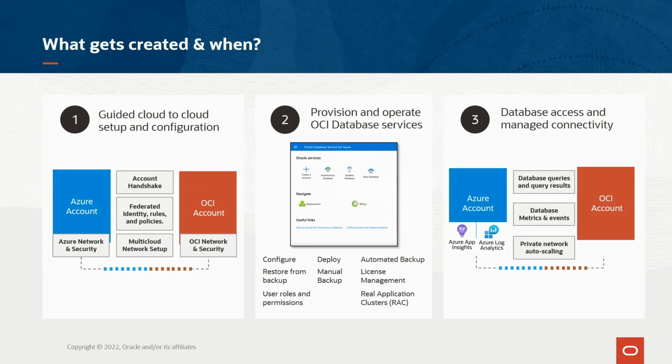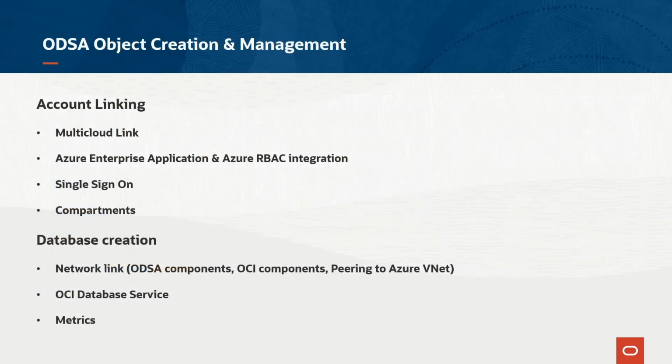Then there is the creation of the database or databases. There's a whole bunch of stuff that gets created then. And then in the day-to-day life of the database, we send metrics and events over and all of that sort of stuff. And we have things for that as well to go and have a look at.